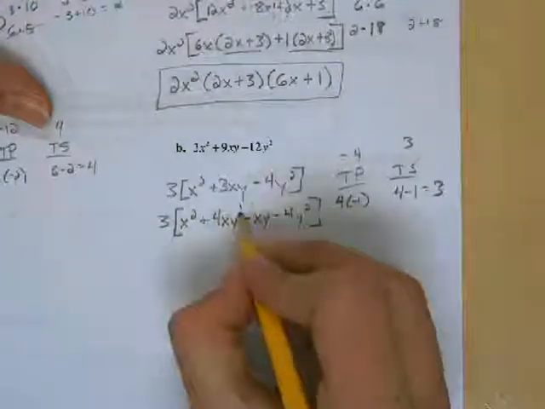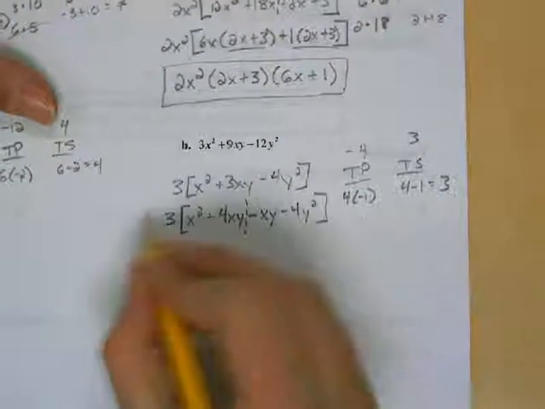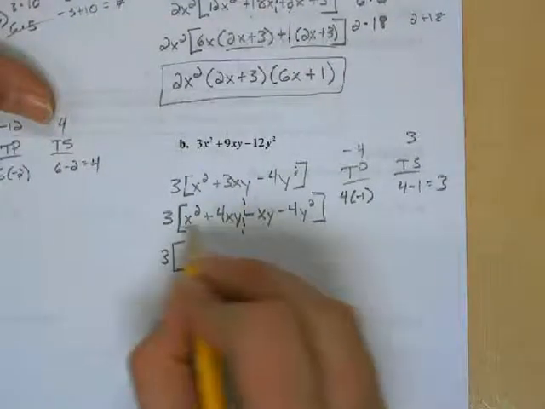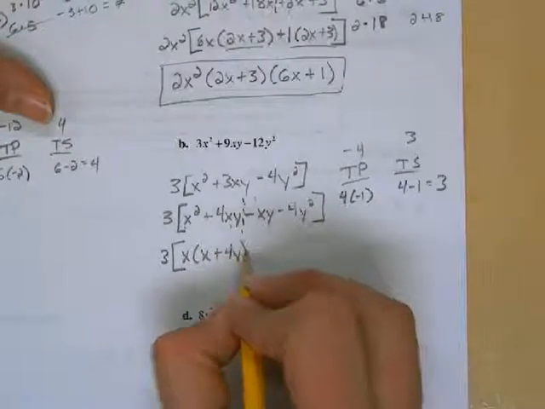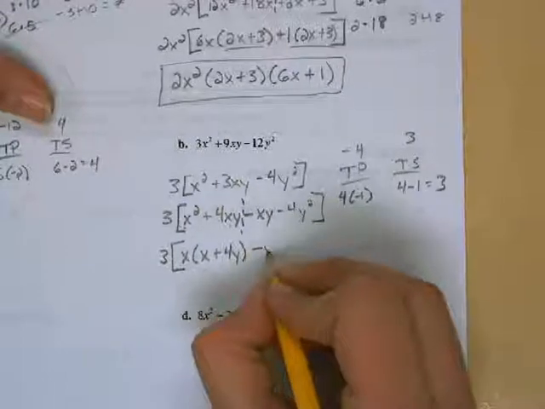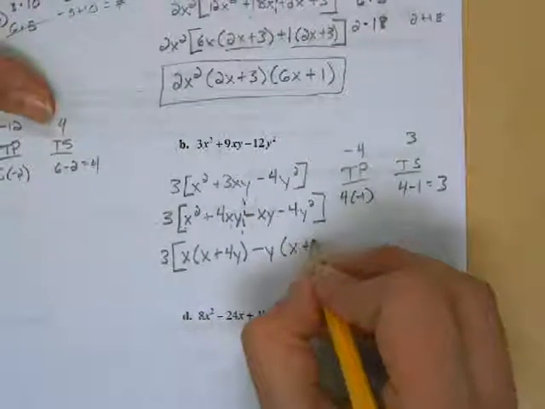I'm going to skip right over to the left of it so that I don't accidentally change it this time. Okay, so that 3 out front. GCF here is an x in both, so that comes out front, x plus 4y. Here I've got a negative y in both, so the negative y out front leaves me with a positive x, positive 4y.